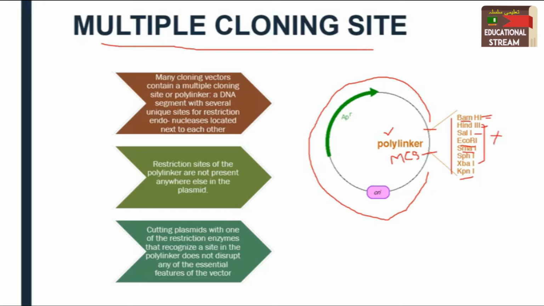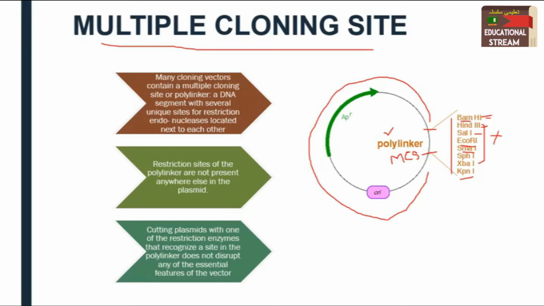Cutting the plasmid with one of the restriction enzymes that can recognize a site in this region will not disrupt any other feature of the vector, because if we are treating it with BamHI, it will make a cut over here, and all the other features of the plasmid will not be disturbed. There will be an intact origin of replication, and an intact ampicillin resistance gene.